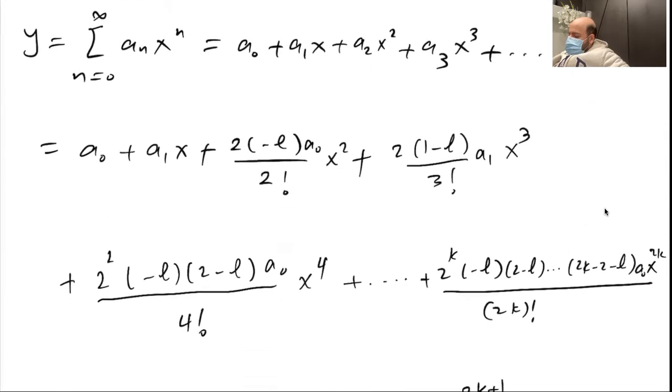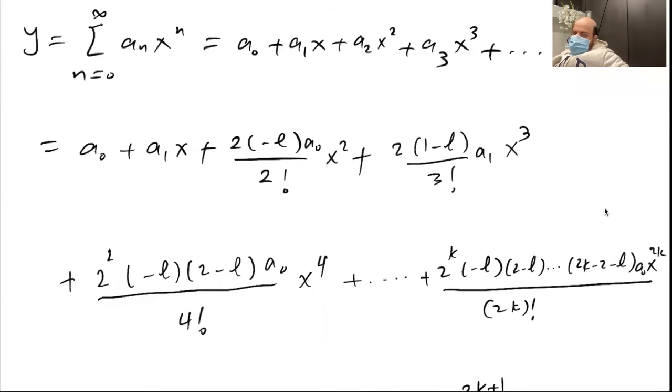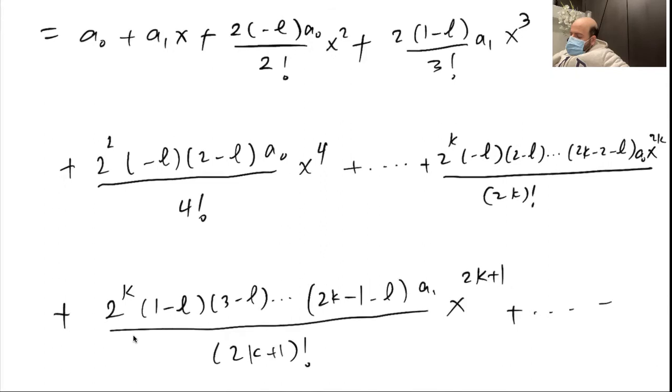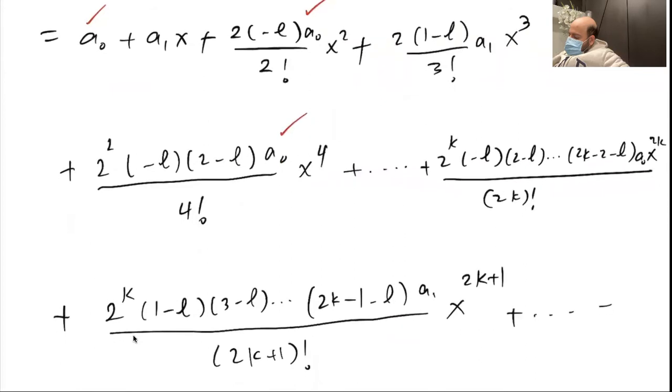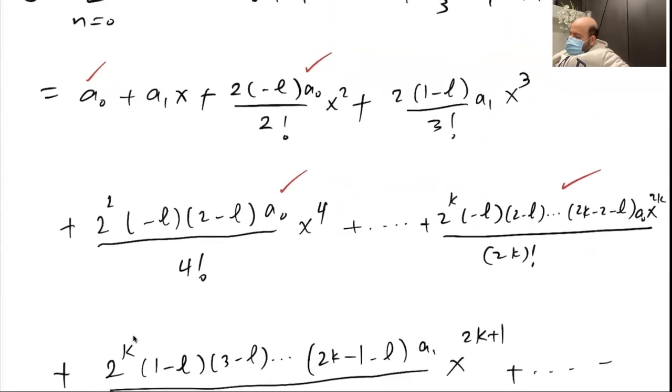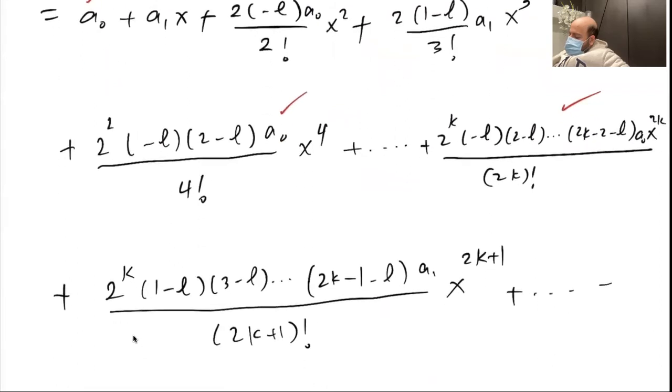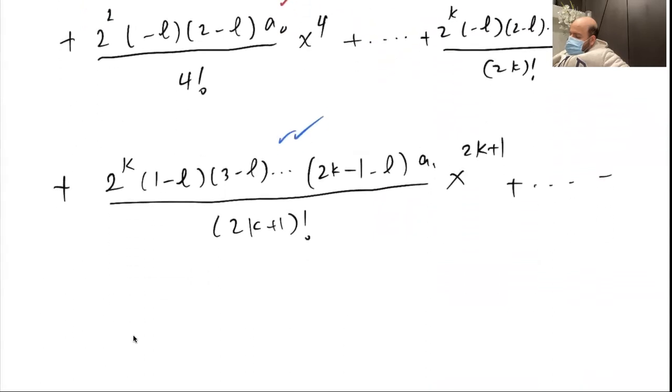Now I can factor the terms with a0 all together and the terms with a1 all together. So I can regroup this term with this term, with this term, and this term, and regroup all these terms together.